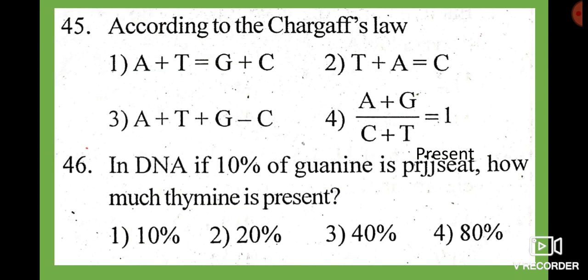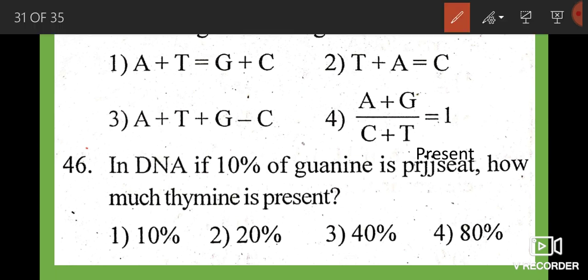According to Chargaff's law, the right option is the 4th one. The ratio between A plus G and C plus T, that is equal to 1.